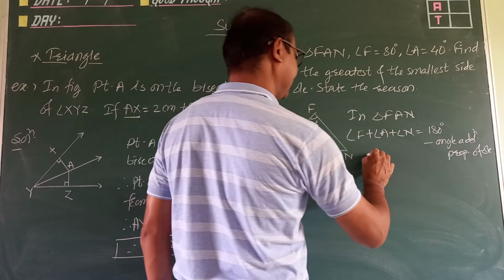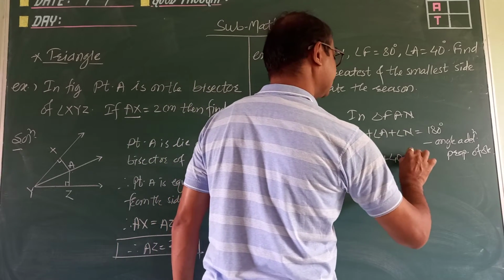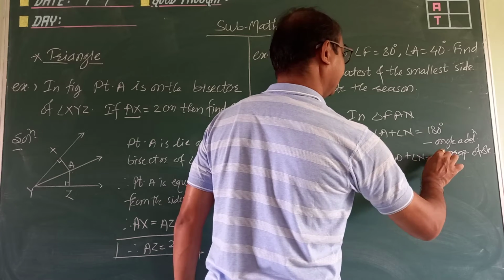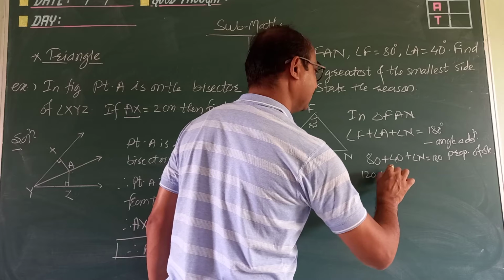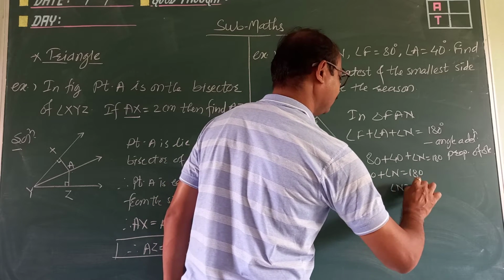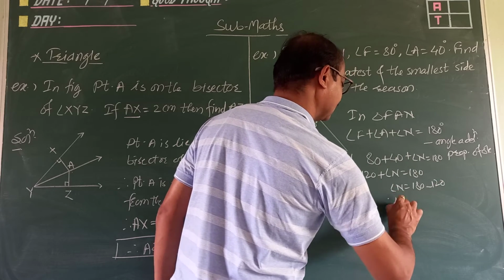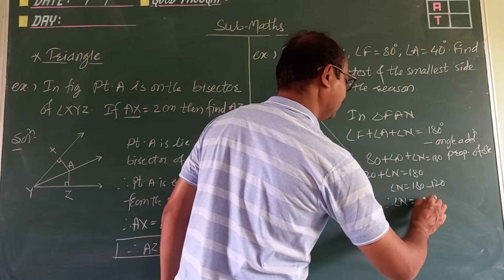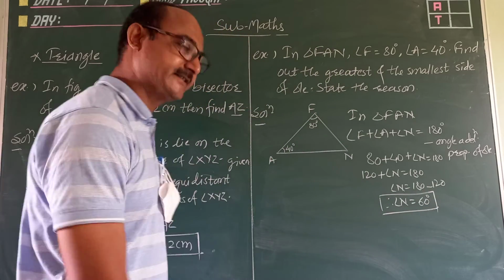Put the values. F is 80, A is 40, plus N, which is not given, equals 180. Now 80 plus 40 is 120, plus N is equal to 180. So N is equal to 180 minus 120. So angle N is equal to 60 degrees.